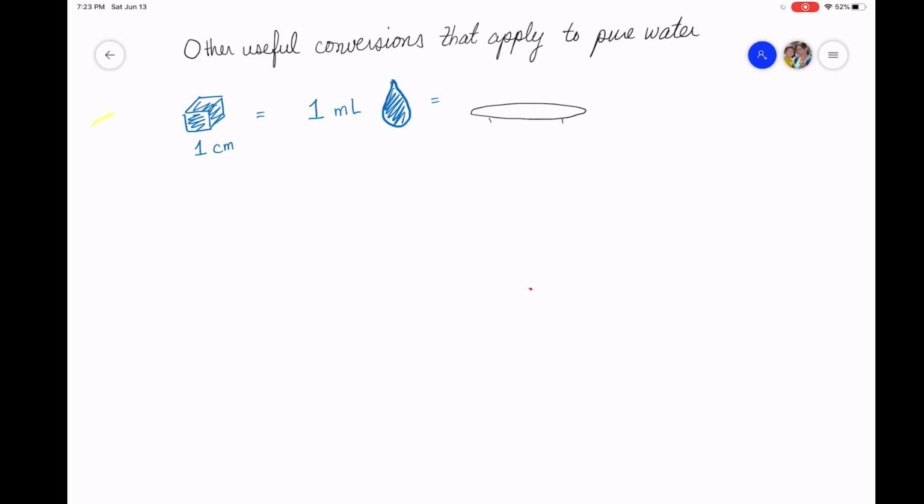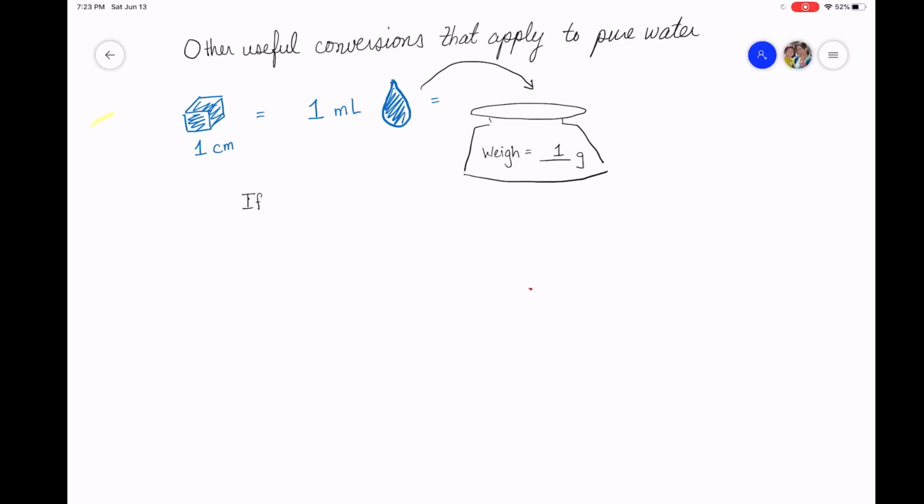Now if I were to take that 1 milliliter or 1 centimeter cubed and put it on a scale, how much would that 1 milliliter of water weigh? Well, interestingly enough, it would weigh just about exactly 1 gram. So this is our conversion. 1 centimeter cubed equals 1 milliliter equals 1 gram.